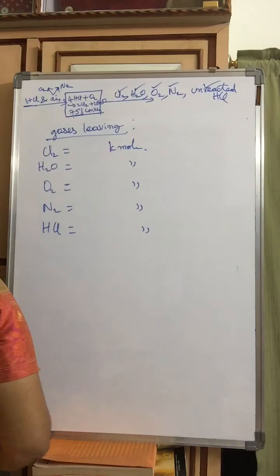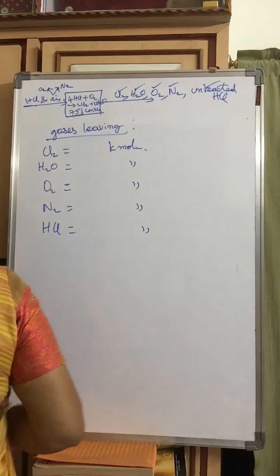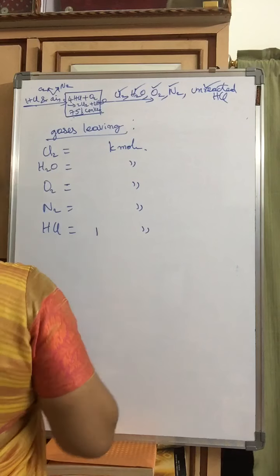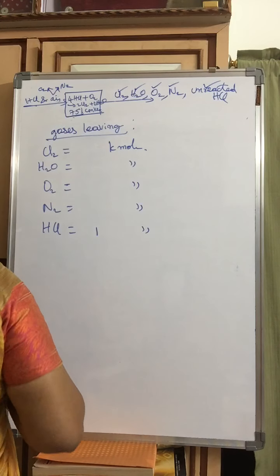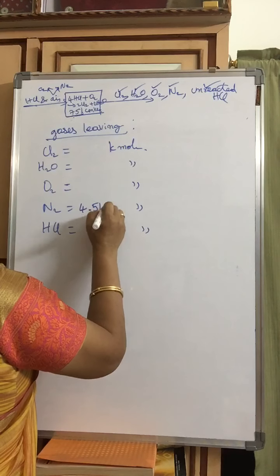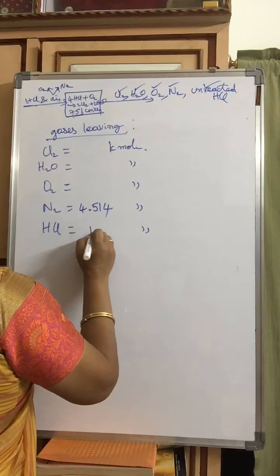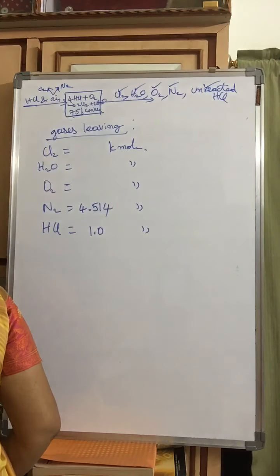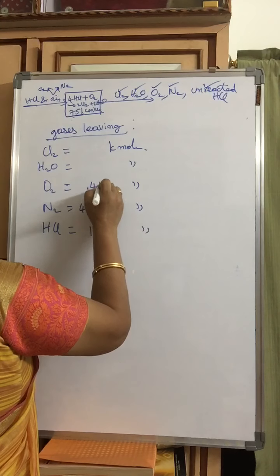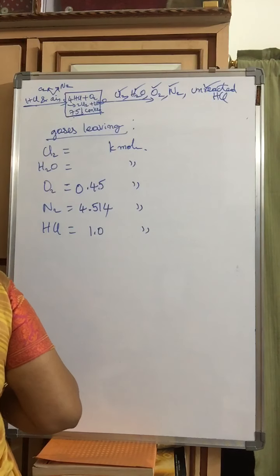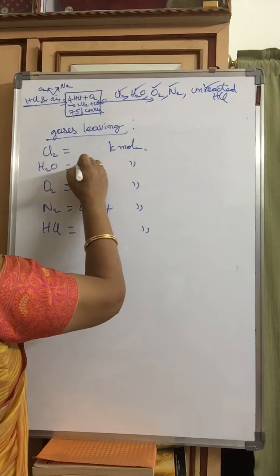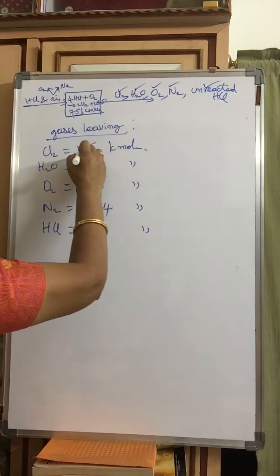HCl is 1 kilomole, nitrogen is 4.514, oxygen is 0.45, and water and chlorine are 1.5 each.